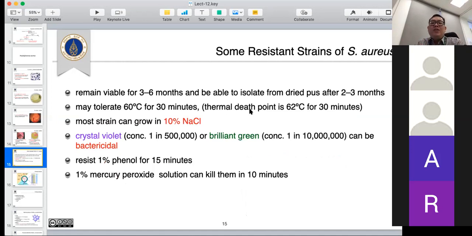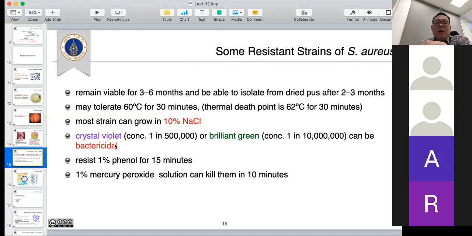Okay, special thing of Staph aureus, they tolerate a lot. When you isolate Staph aureus from the pus, the dry pus after 2-3 months you still can grow bacteria from the dry pus, so that is very tolerant. Okay, they can tolerate sodium chloride up to 10%.